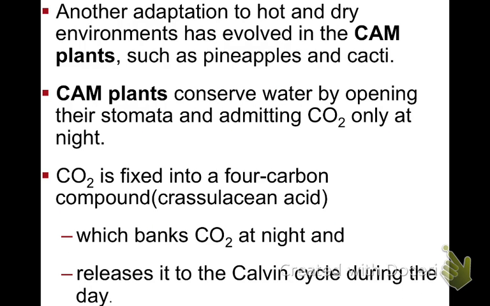Okay, so hot dry day, you have CAM plants such as pineapples and cacti. They conserve water by opening their stomata and admitting carbon dioxide only at night, and that is also a 4-carbon compound. So they are also C4 plants. They bank all the carbon dioxide at night and release it during the daytime for Calvin cycle to take place.